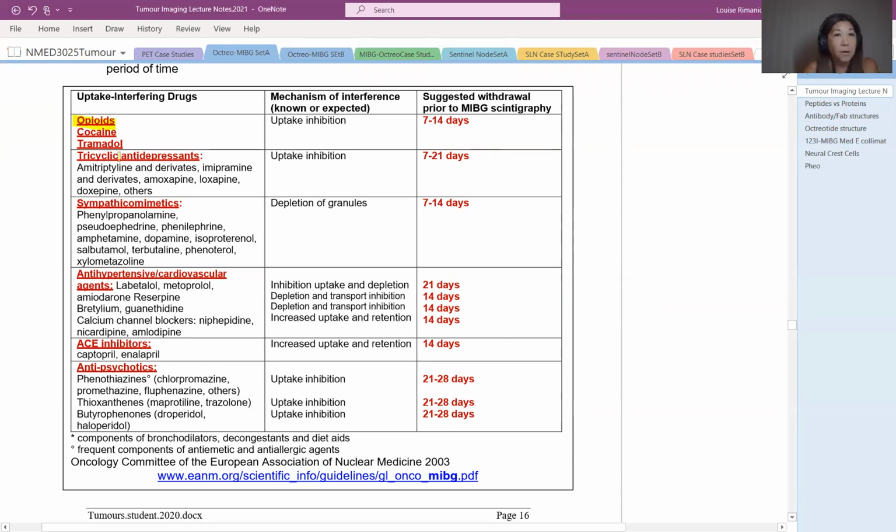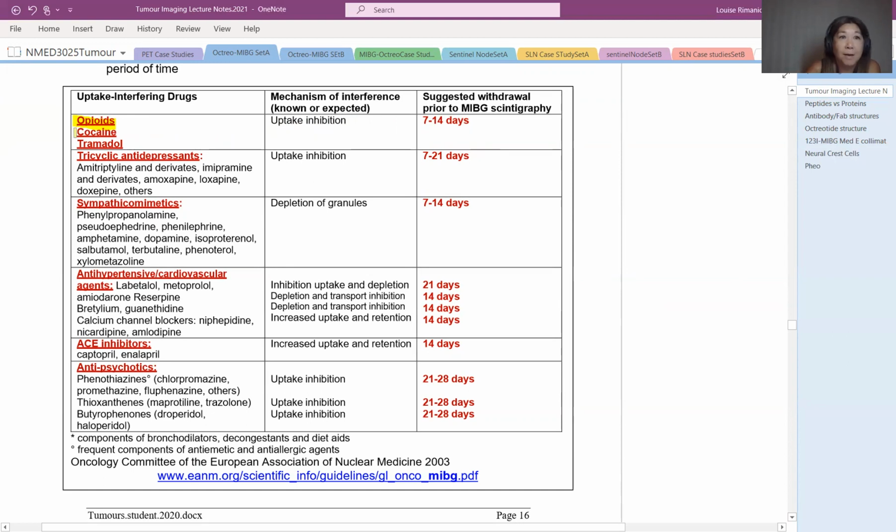Opioids, right? Opioids, cocaine, tramadol. These are narcotics. Many patients are on opioids for pain control, and so they can interfere and inhibit uptake. So they should be off these for roughly 7 to 14 days, right? Which may be difficult.